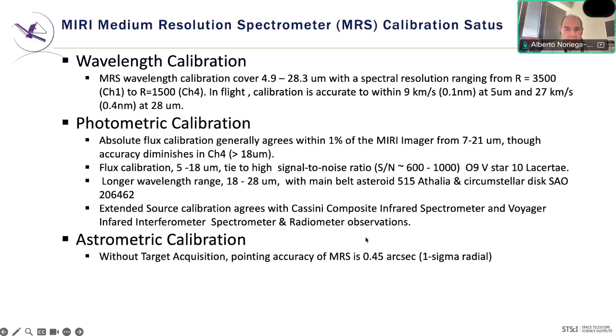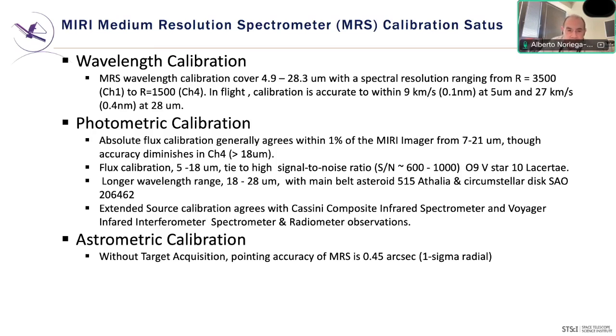And obviously, this is an extended view, so people also care about the standard source calibration. And one of the tricks that David used was to compare with actual observations of disks of planets, like that's Saturn, for example. And so the calibration that is obtained from, for example, the Cassini composite infrared spectrometer and the Voyager spectrometers match quite well, within 5% of the MRS calibration for the standard emission.